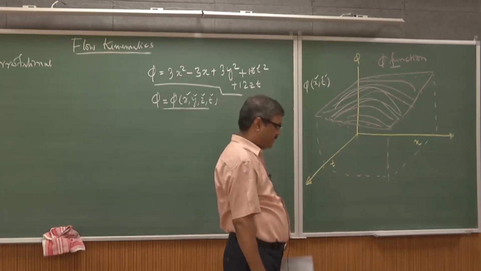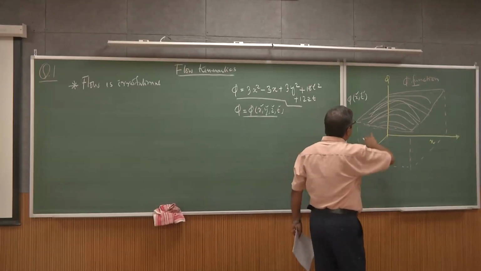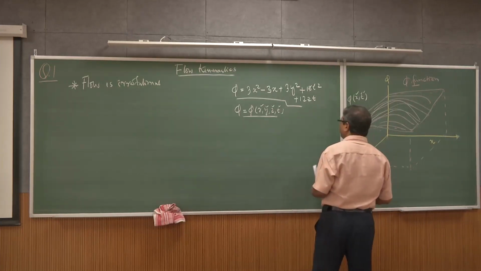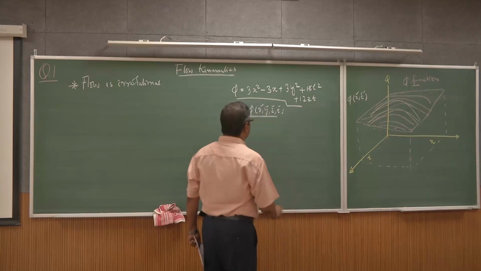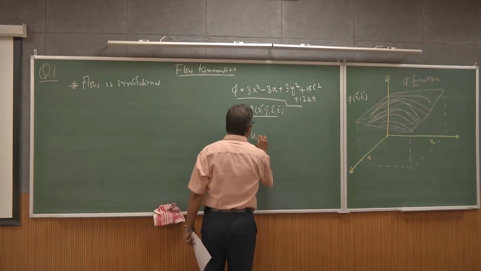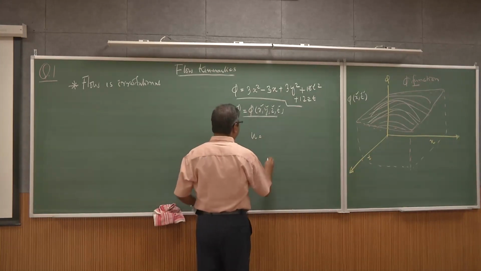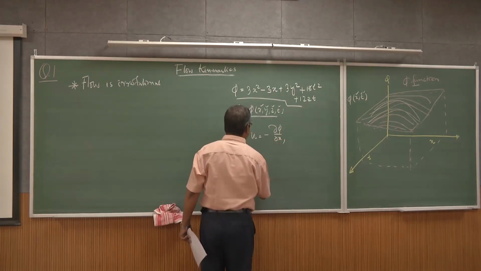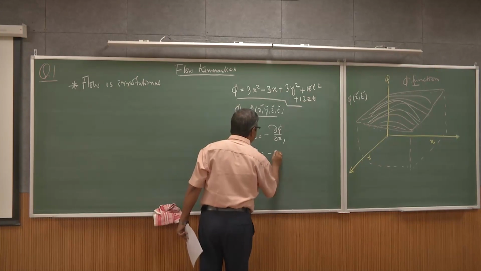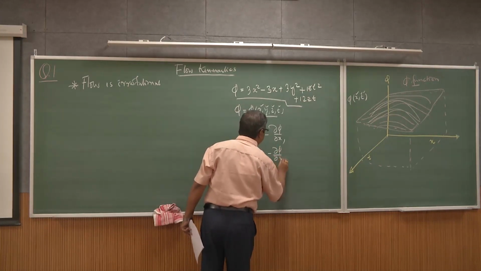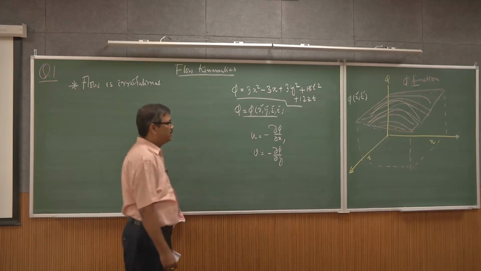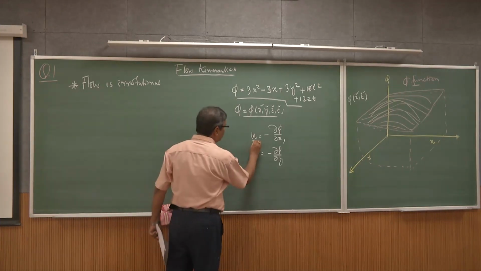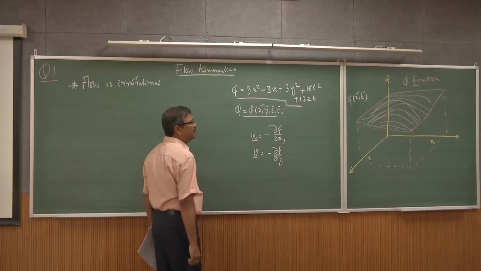and to determine what the velocity is for this flow field, we know from the definitions that u will be the partial derivative of the velocity potential, and v will be the partial derivative with respect to the y direction. These are the scalar components u and v of the velocity.